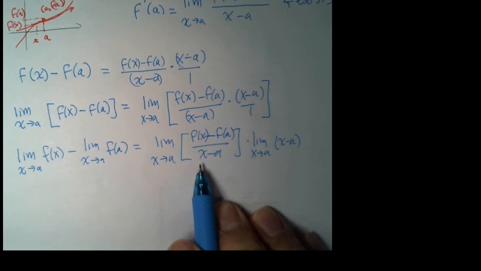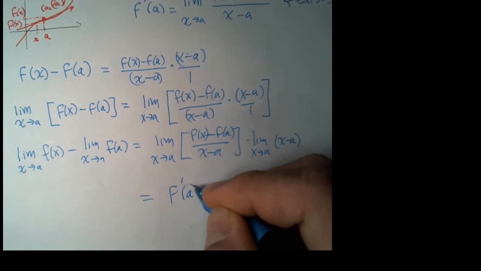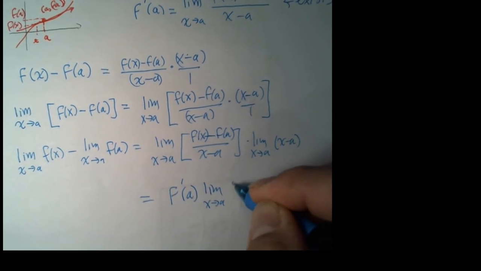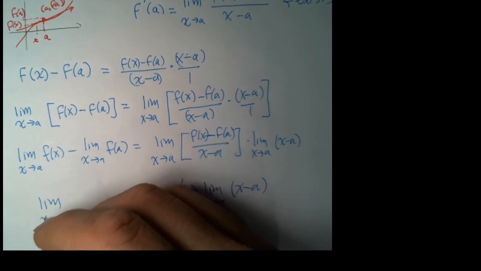Again, we're assuming that it's differentiable, so that limit exists, and that limit is represented by f prime of a, times the limit as x approaches a of x minus a.